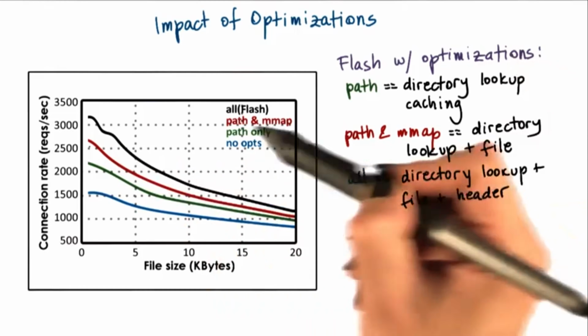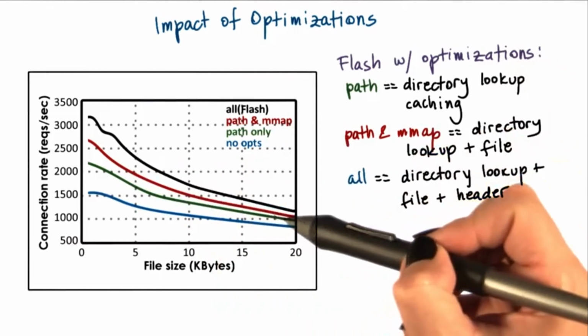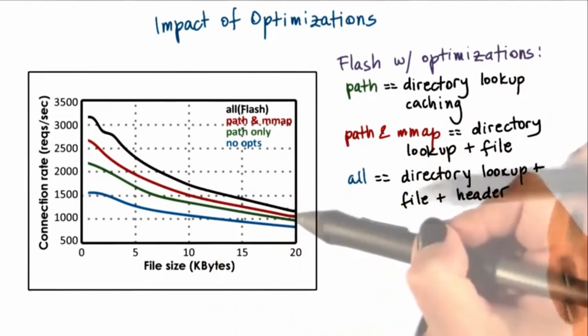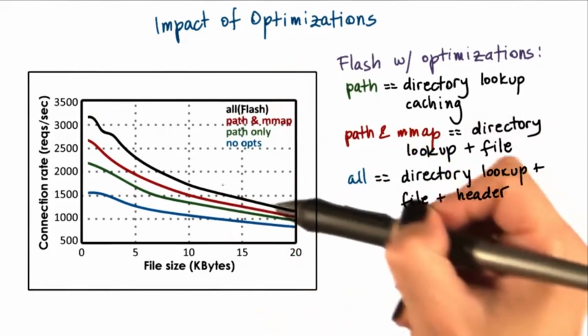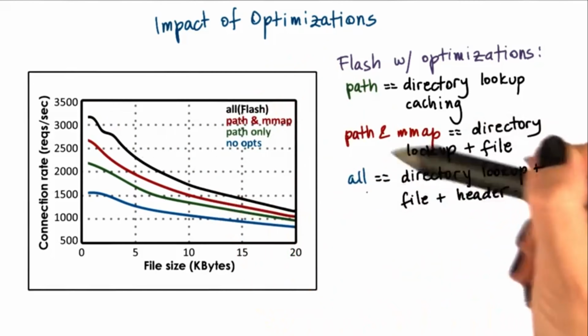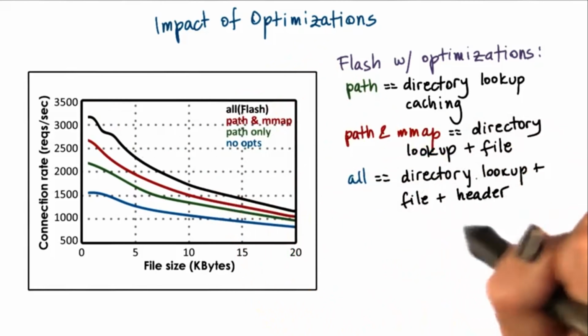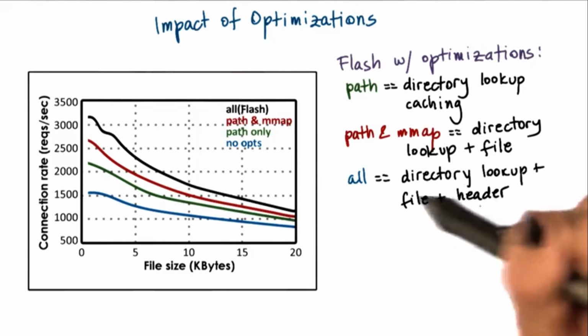Then the red line here, the path and mmap, so this includes caching of the directory lookup plus caching of the file. And then the final line, the black line, that includes all of the optimizations. So this is the directory lookup, the file caching, as well as the header computations of the file.